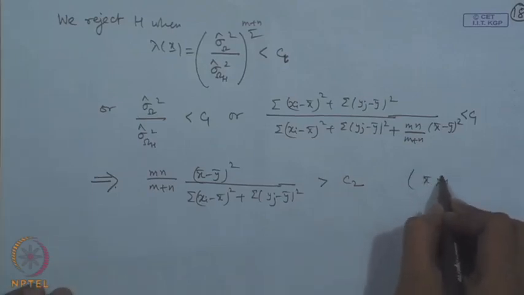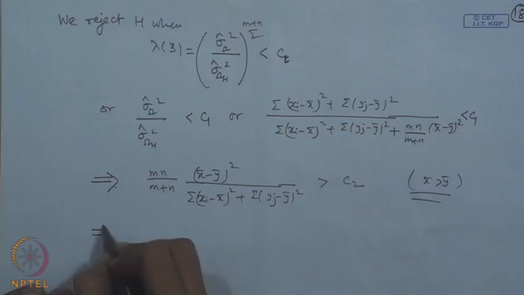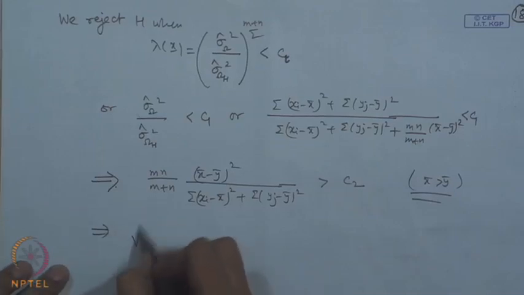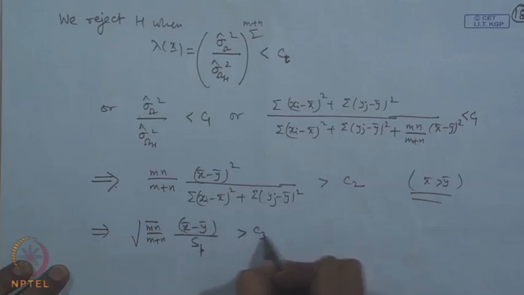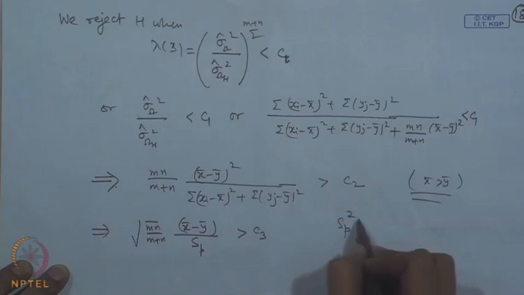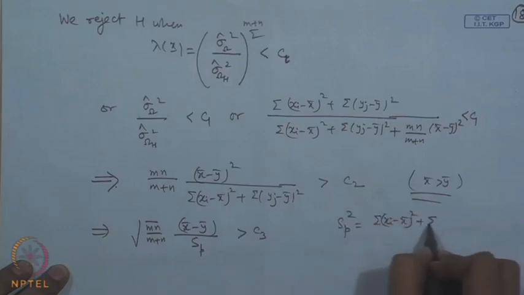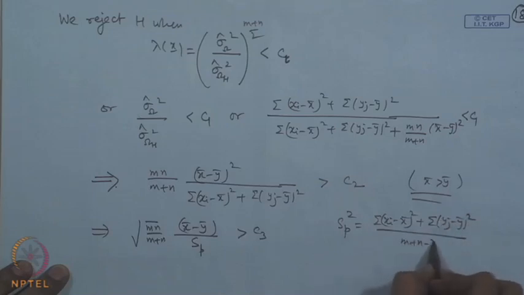So, this means I can take the square root here: root mn by m plus n times x bar minus y bar divided by s p greater than some c 3, where s p square is nothing but sigma x_i minus x bar square plus sigma y_j minus y bar square divided by m plus n minus 2.